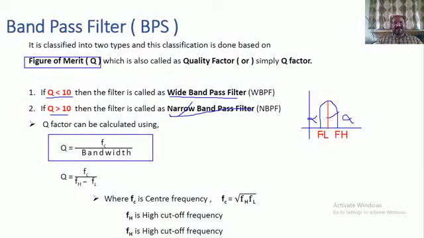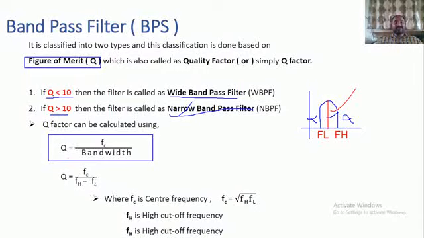FL is the starting point, the low cutoff frequency, and FH is the high cutoff frequency of the band pass filter. The difference between these two, FH minus FL, indicates the bandwidth of this filter.